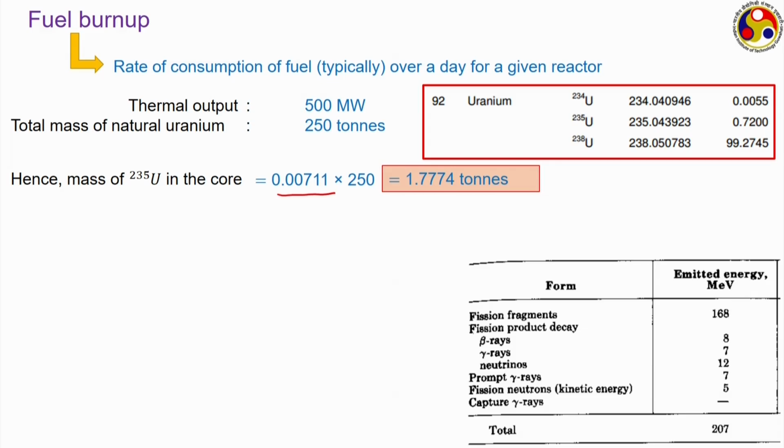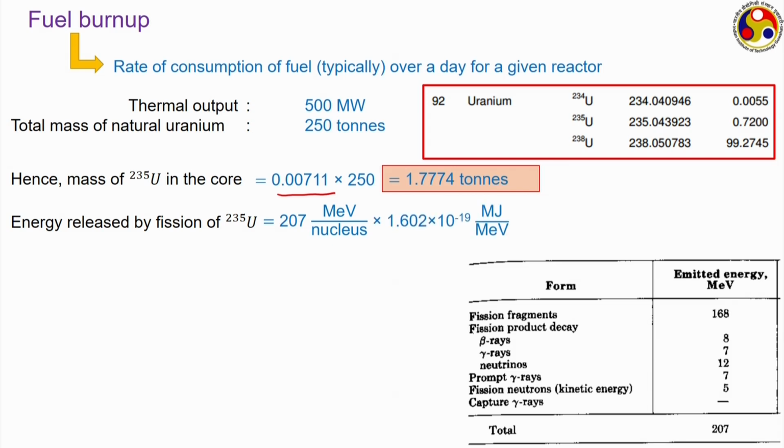So, the total amount of energy that we are getting because of the fission reaction can be this 207 MeV for a single nucleus, multiplied by 1.602 into 10 to the minus 19, where we are converting this energy to megajoule, and then 6.0221 into 10 to the 26, that is the Avogadro number, which converts this from single nucleus to 1 kilomole.